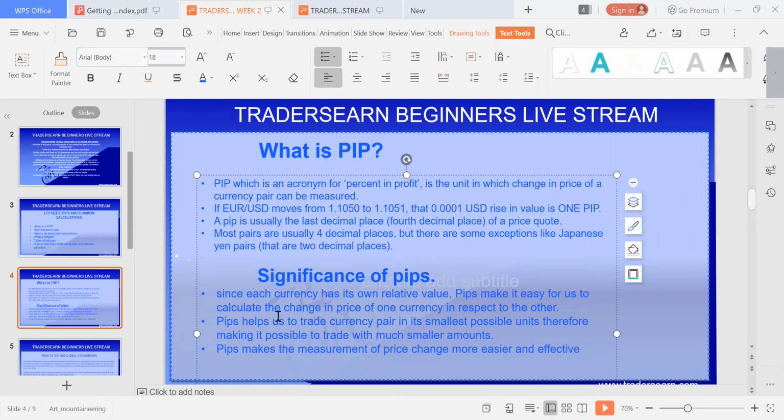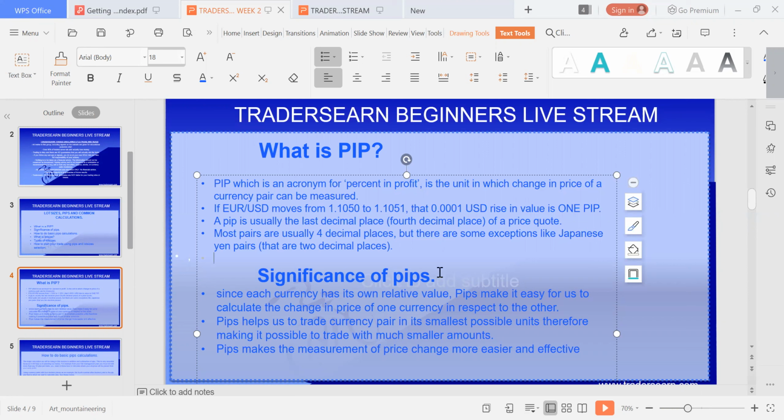We'll get into that. Now, why do you use pips? If there was no pip, it would be difficult to quantify the price movement when you are merging 2 currency pairs together. It would be very difficult to quantify their margin, to measure their difference.